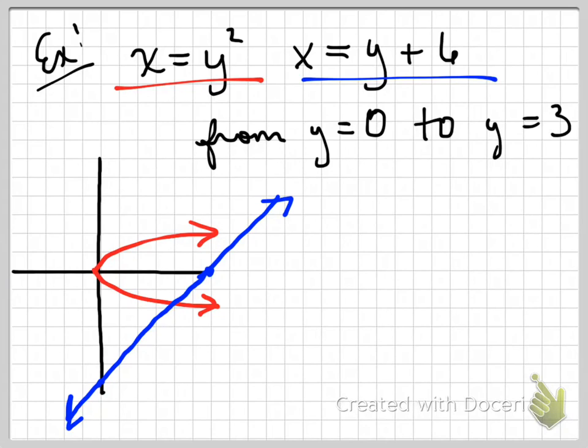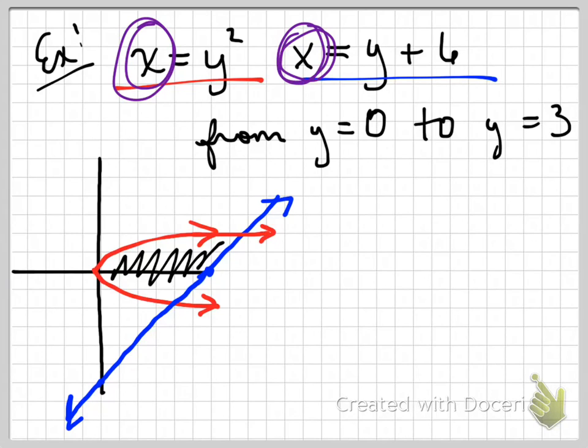Okay, so I need to extend my red curve a little bit further here so you can see. Okay, so this changes a lot of things. The most important thing that changes is that if it's an x equals function, instead of thinking in terms of top minus bottom, we're going to think in terms of right minus left.